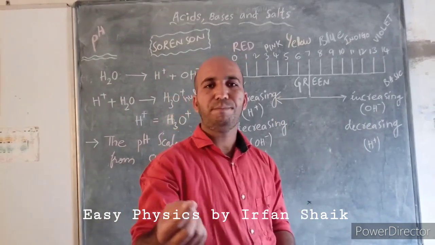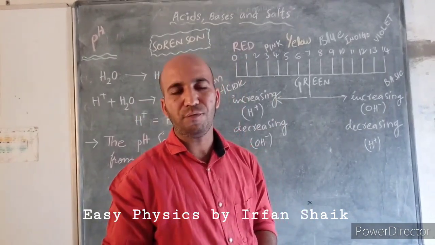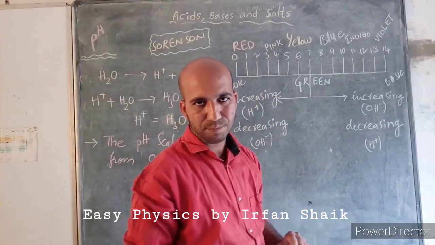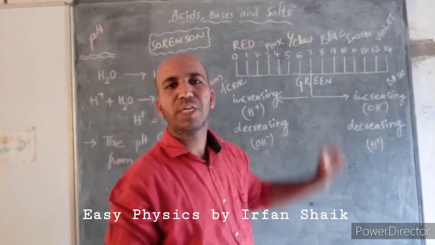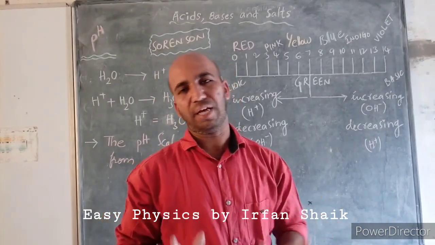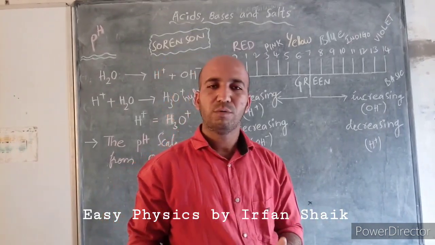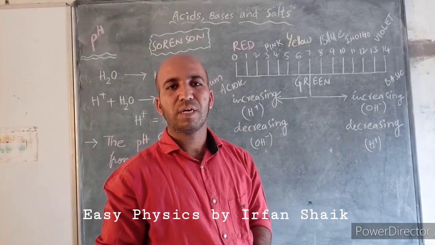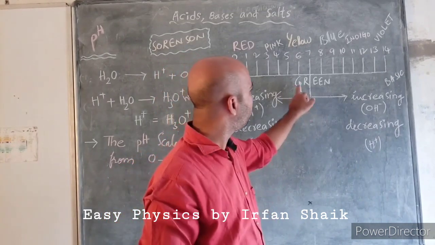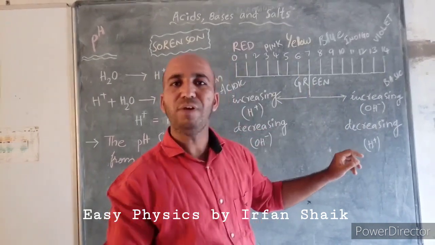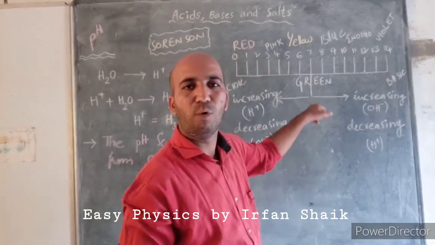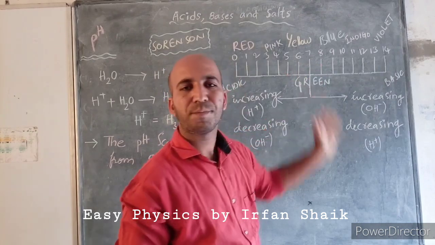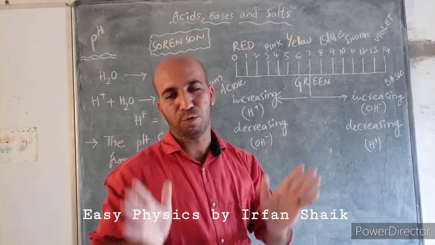If the pH paper changes to yellow, its range is between 6 and 7. That means it is a very weak acid. And if the color changes to green, then the pH value is almost equal to 7 or 8. That means it is a neutral solution.